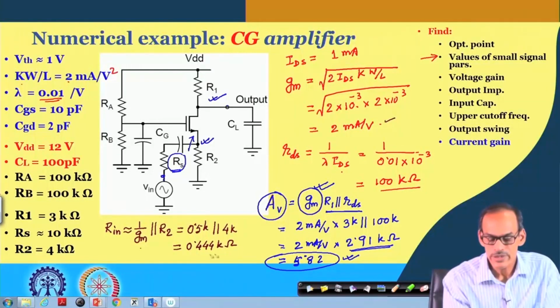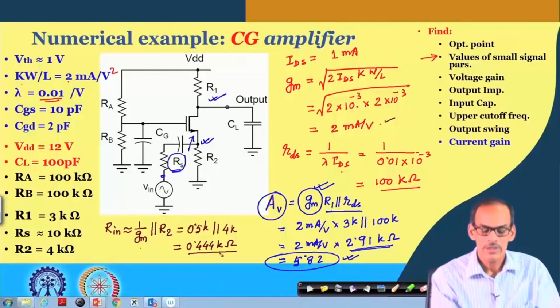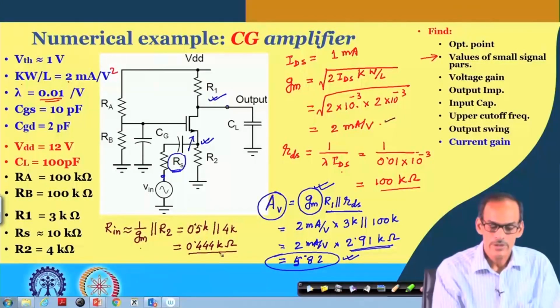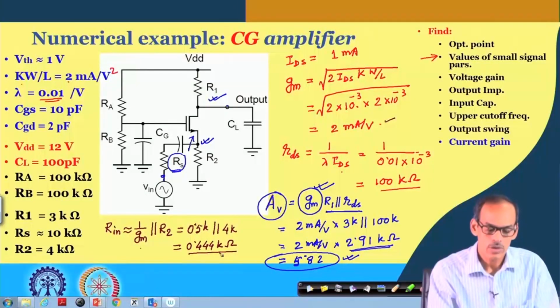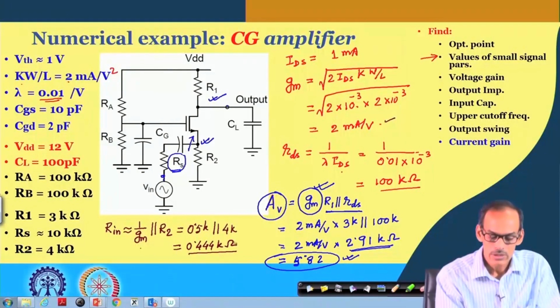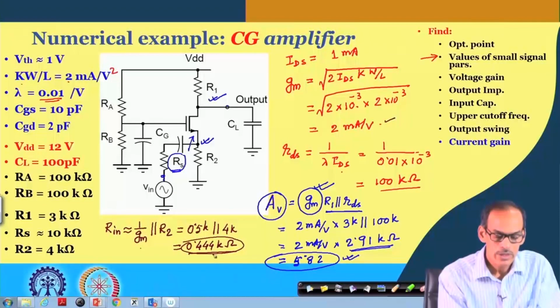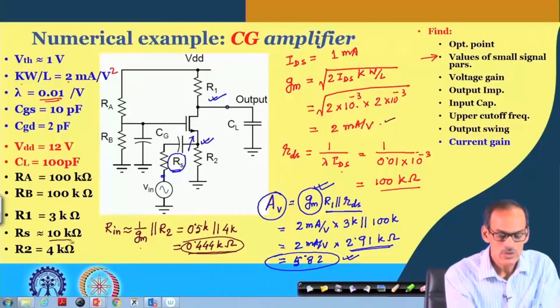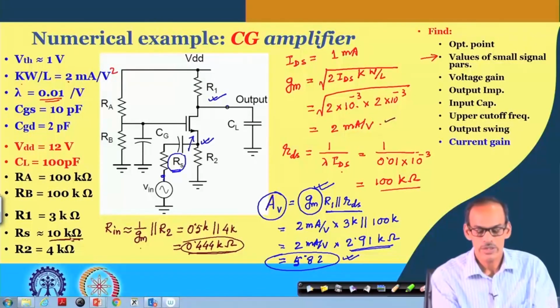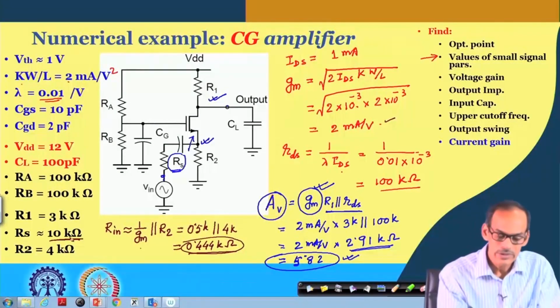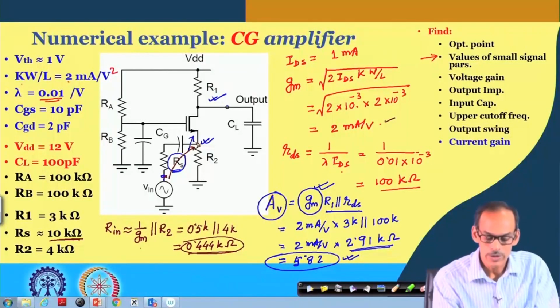So, the input resistance of this circuit is not as low as the common base circuit, where Gm was much higher, but still this resistance is much lower. And if I consider a source resistance of say 10 kilo ohm, that further degrades the signal from the primary input to the source node.